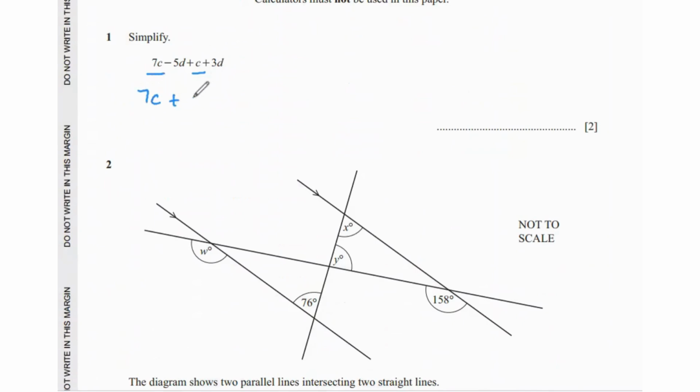So 7c plus c. And for d, minus 5d plus 3d are like terms because both have the same variable raised to the same power. So minus 5d plus 3d. So that's 8c minus 2d. That's your answer.